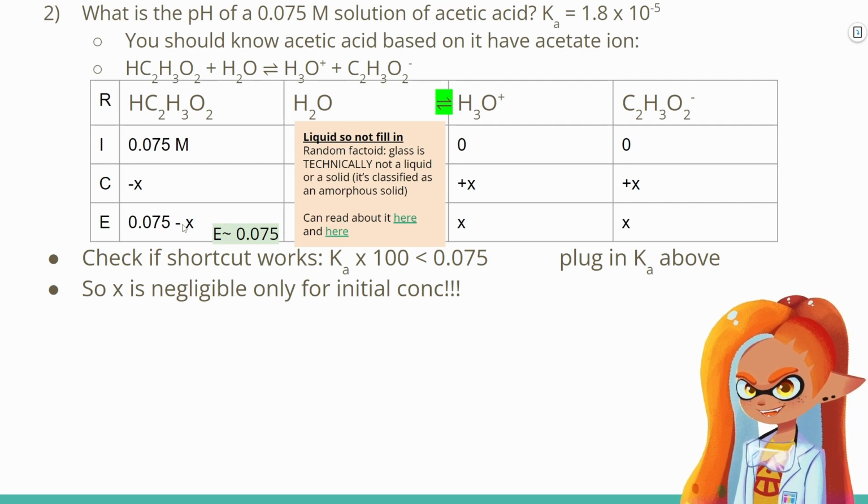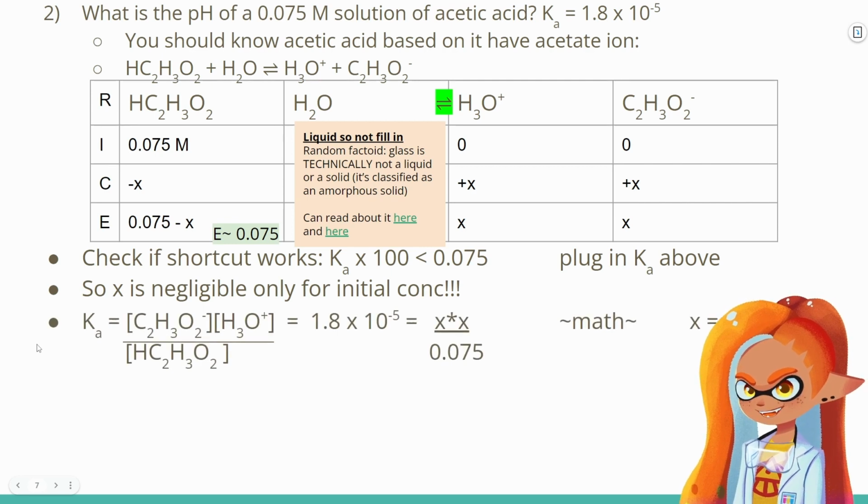As a reminder, if you don't do the shortcut, the math just takes longer, but you'll still end up getting the algebra regardless. Because the X is going to be so negligible, we round it to be about that, and so we're about that concentration. So I'm going to go ahead and plug in our values. We have our Ka value, which I plugged in here.